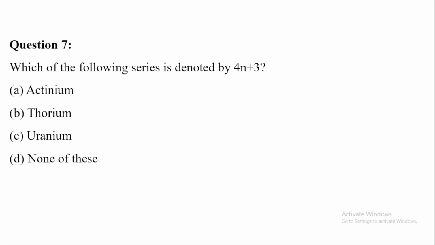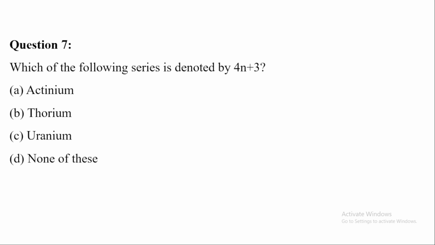So question number 7. Which of the following series is denoted by 4n plus 3? So we have 3 series given: actinium, thorium and uranium. How this 4n plus 3?